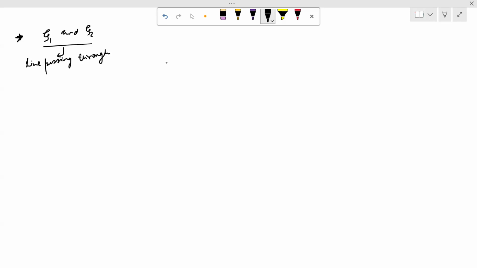And we are also considering a line passing through points zeta 3 and zeta 4. So we are considering two lines, one passing through zeta 1 and zeta 2 and another passing through zeta 3 and zeta 4. What is the condition that these two lines are perpendicular to each other?